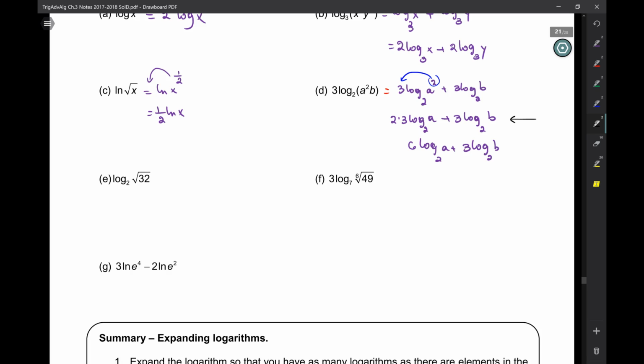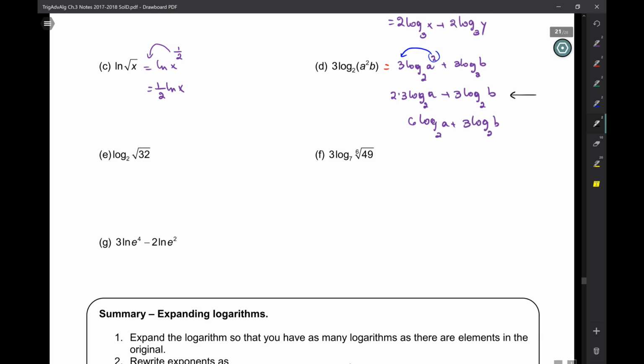Ready? Okay. All right, so this is log base 2 of what? 32 to the 1/2. Okay, so this is log base 2 of 32 to the 1/2. All right, let's just get rid of the 1/2 first, right? So it'll be 1/2 log base 2 of 32. What about 32? Look at the base there, right?